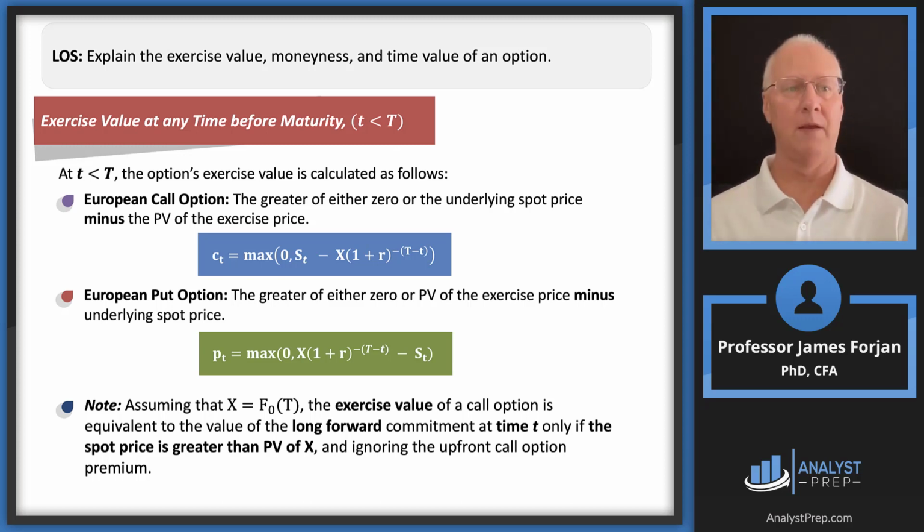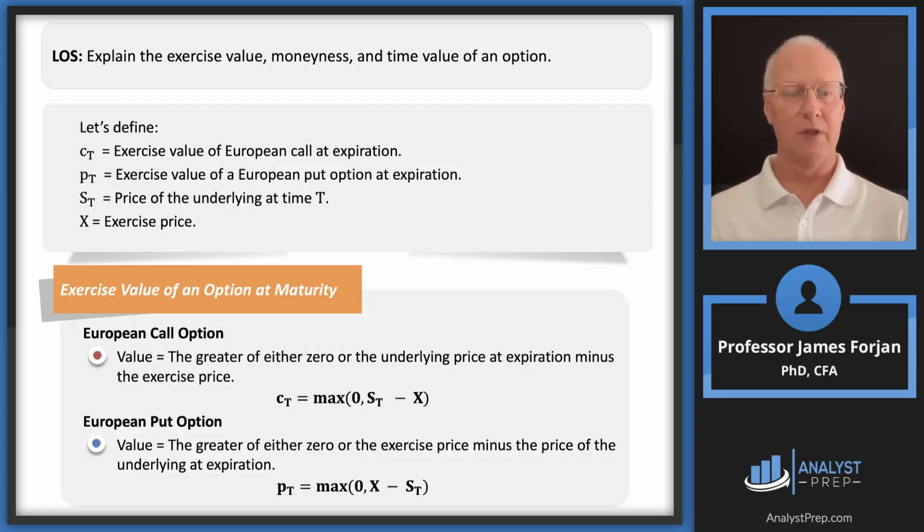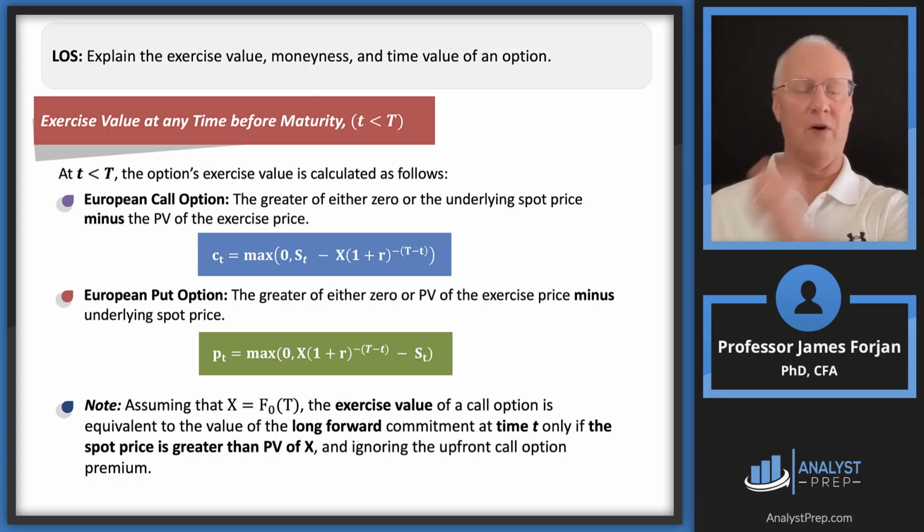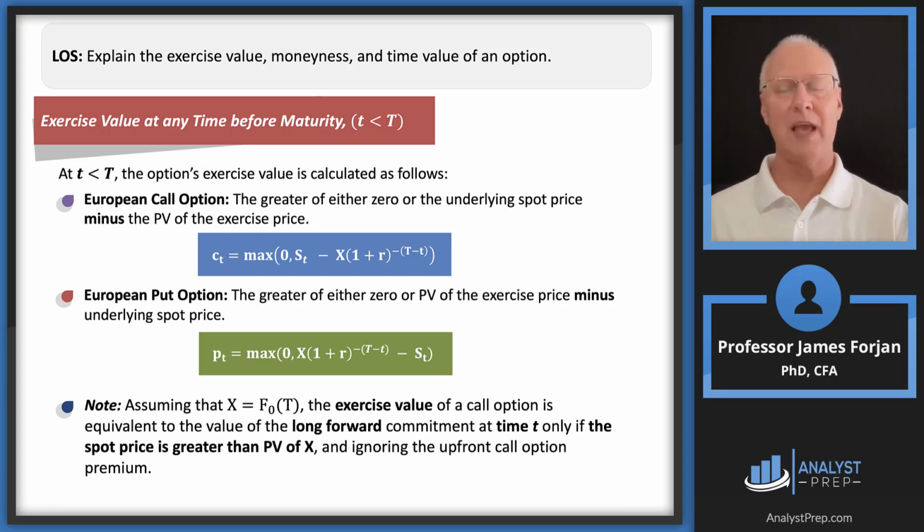So look at the value at any time before the expiration date of a call option in the blue box. And what we're going to do is use this same equation. Let me go back here, right? For the call option, there's S sub uppercase T minus X. Notice we have the same thing there, but there's a bunch of stuff over on the right-hand side of the X, and that's just taking the present value.